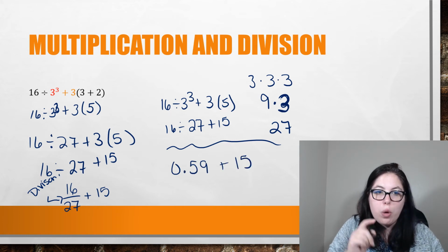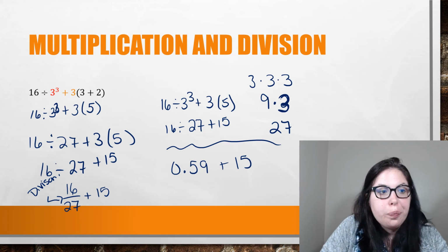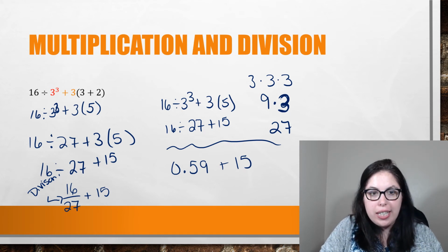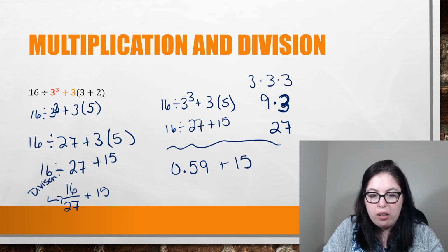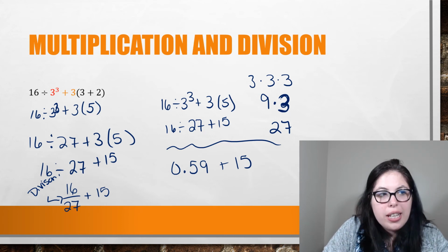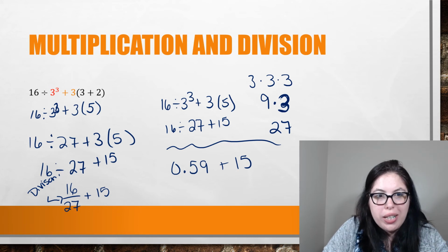And there's something I want to show you here. If I had divided this improperly and gotten a whole number, so if I had taken 27 divided by 16 in my calculator, I would have gotten 1.68, and that doesn't make sense, okay? 16 parts of 27 is less than 1, right? That's a fraction that's smaller than 1.